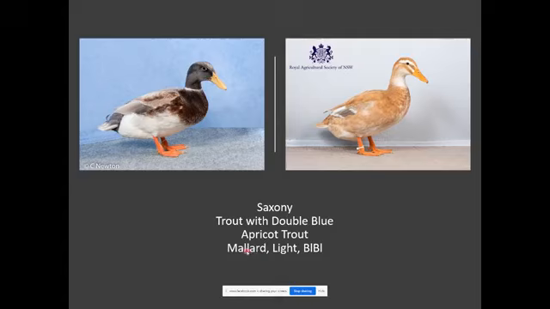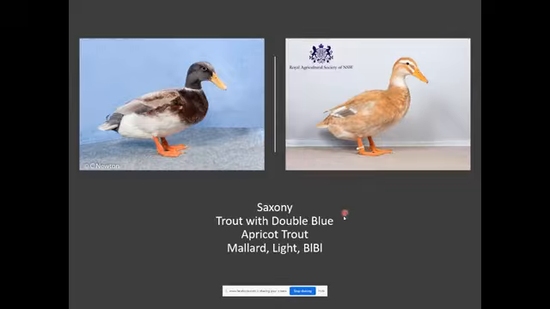And so it's the mallard base with the light phase and two copies of the blue gene. So the color will breed true because you have two copies of the blue gene. But again, you can see how that effect of blue varies depending on the background of the bird it's in.